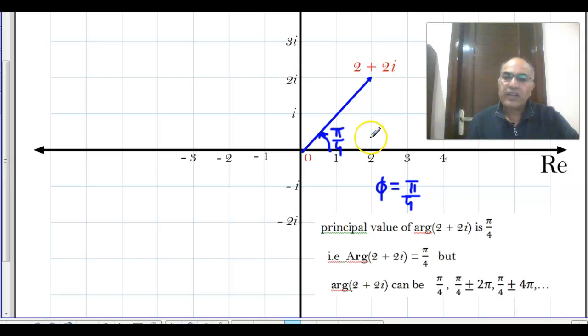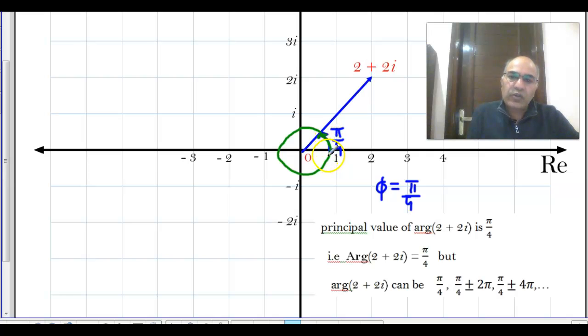So one value of argument z is pi by 4, but there are many more values of argument z. One such value we can show is by measuring this angle, 2 pi plus again pi by 4. Similarly, if we go on completing one more circle, then this argument will be pi by 4 plus 4 pi.